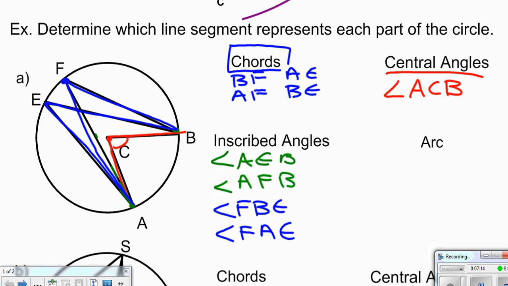And these are also inscribed angles because they start and end at the same place. They have all 3 points on the circumference of the circle.